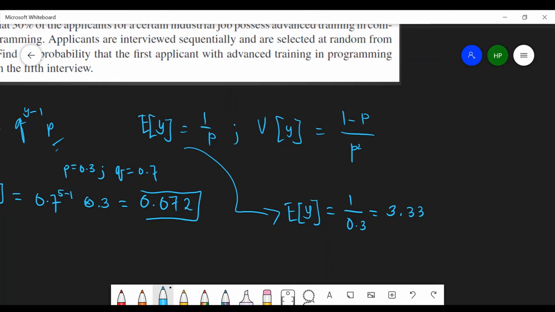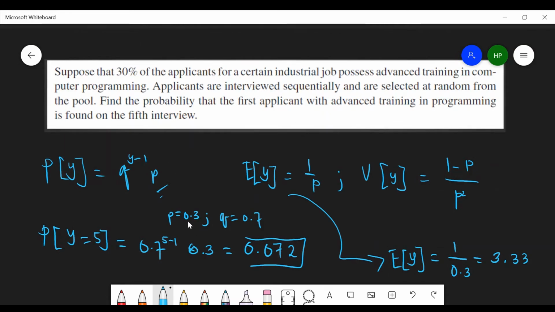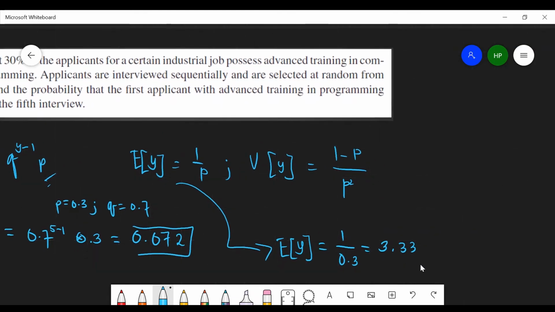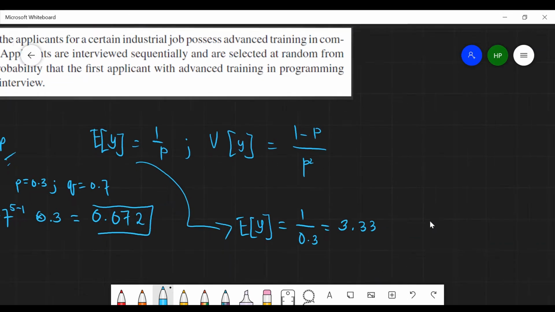Ibig sabihin, on the average, kailangan mo lang mag-interview ng mga 3. Makukuha mo na yung isa. Kasi nga, ang probability naman na makakuha ka ng tsambahan is, probability of success is 30%. 0.3 na kagad. So, around 3. Okay? Between 3 and 4, around 3 or 4 lang ang iyong inaasahan na number of applicants bago mo makuha yung isa na kailangan mo.